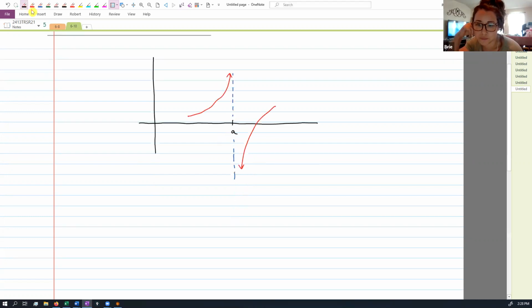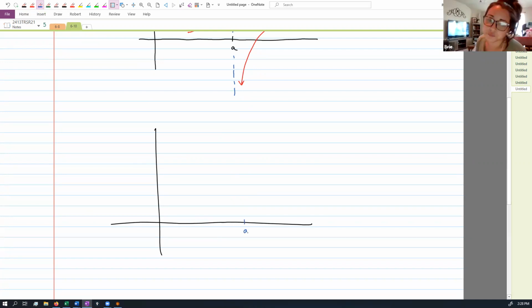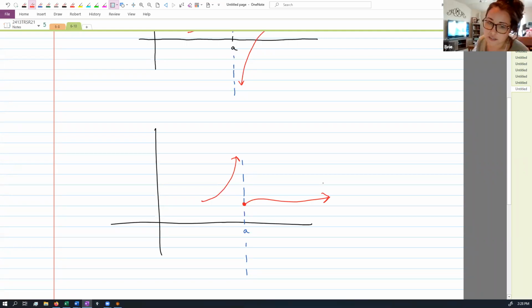Now compare that to this. What if we had a function that did this? Here's A. And it went like this. But at A, I defined it to be a point and come out this side like that. Do I still have a vertical asymptote at A? I'm going to say yes.